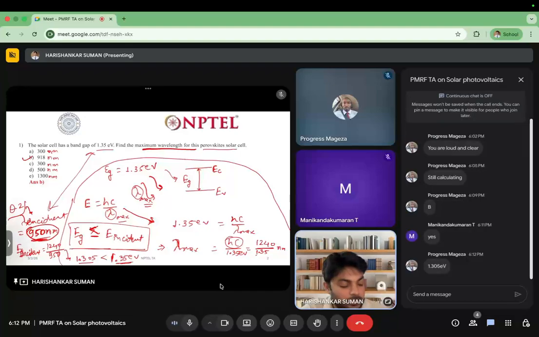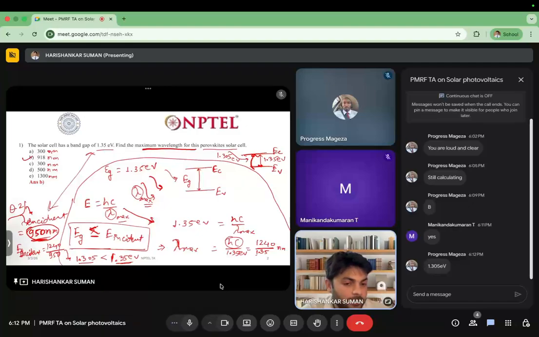Okay, the energy is correct, but my question is that you have band gap 1.35 eV and incident photon energy around 1.305 eV. Can the electron jump from the valence band to the conduction band, as we discussed earlier?